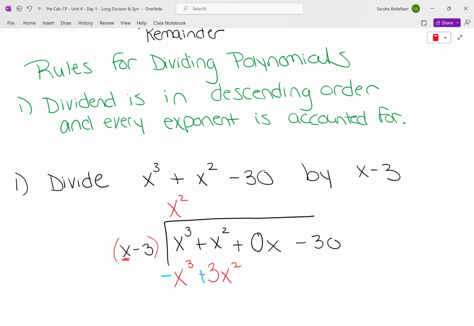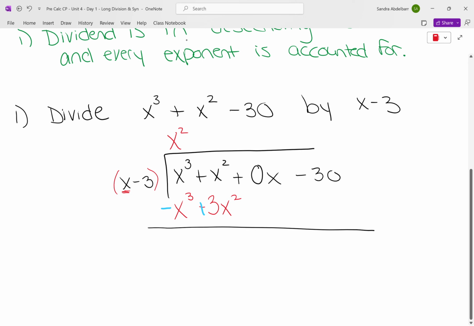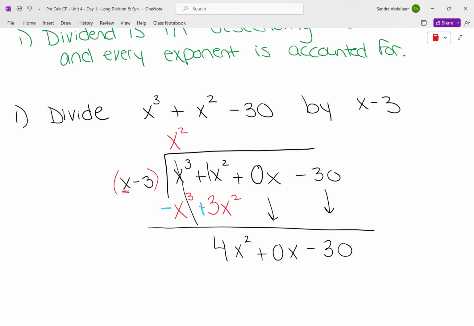So when we subtract, we change all the signs to the opposite. So now when we have x to the third minus x to the third, that cancels. And then what is 1x squared plus 3x squared? 4x squared. Now we're going to bring down everything. So we have 4x squared plus 0x minus 30.